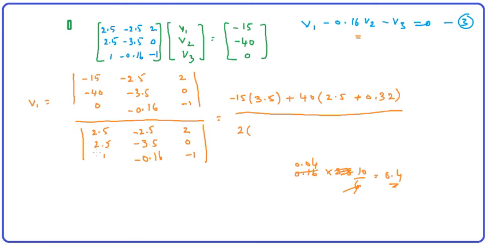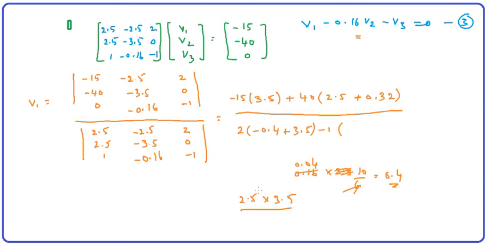So 2.5 into minus 0.16 is minus 0.4, and minus of minus is plus 3.5. That's all for this. Minus 0 into something is 0, and minus 1 into 2.5 into minus 3.5.